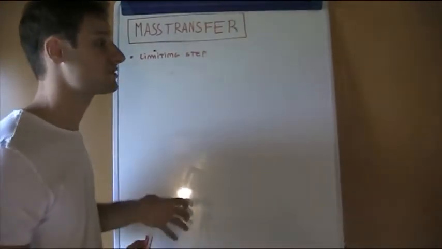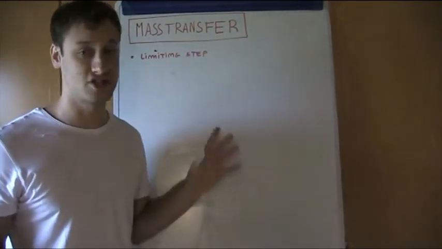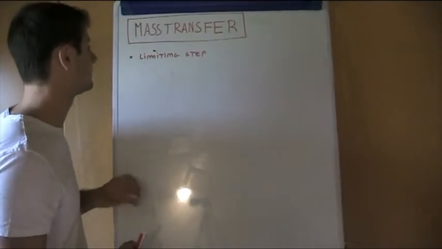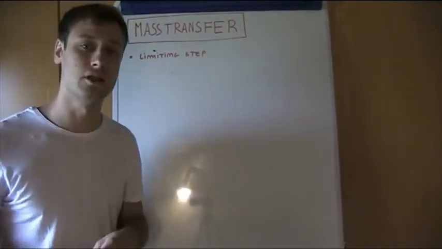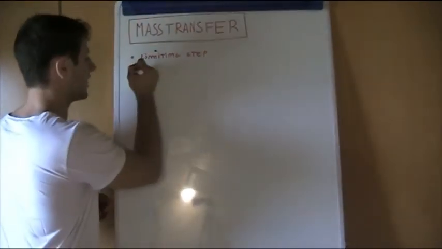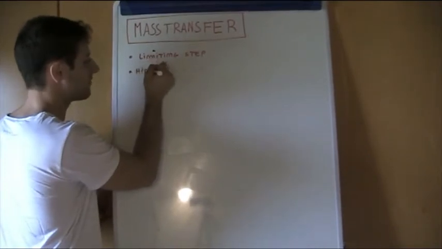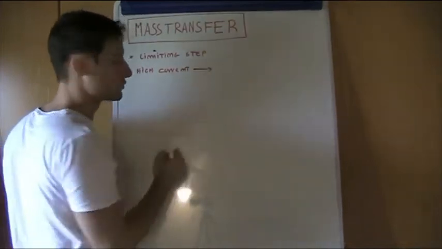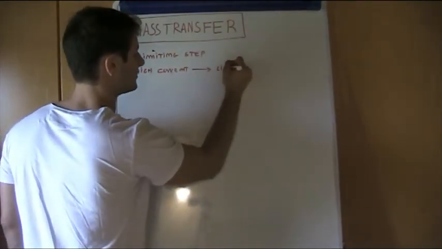This is just an assumption, but in general we can say that this assumption is quite reasonable, especially when we are working at very high current. And in particular, it's true when we are approaching the limiting current.